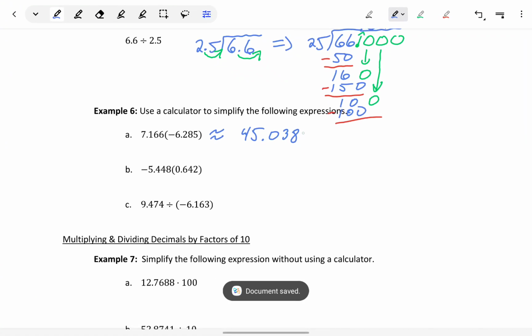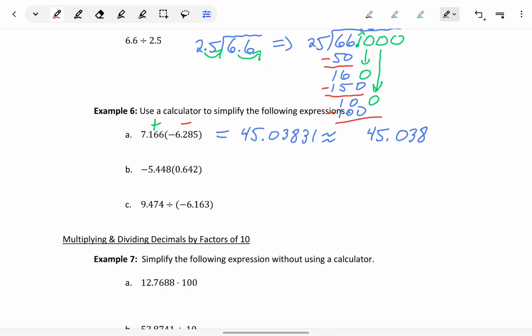Let's go ahead and just include that whole value here. 45.03831. If we rounded that to, say, 3 decimal places, so we're saying this is exactly equal, and then if we round this to 3 decimal places, this would be approximately 45.038.